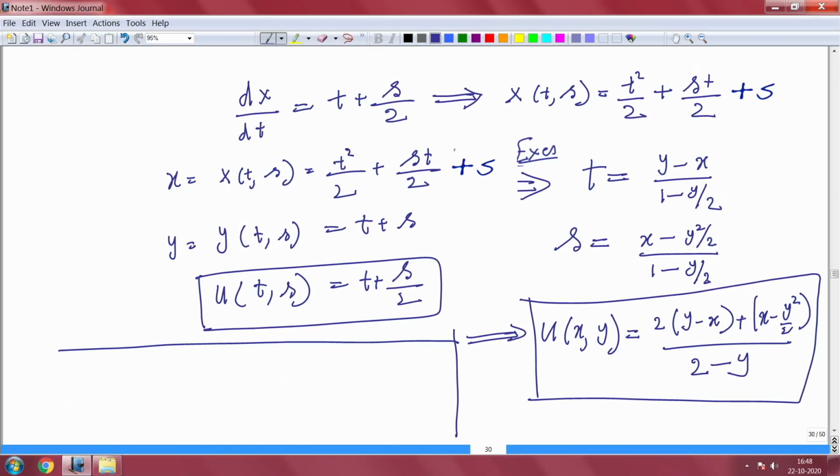Before going to the Cauchy nonlinear case, try to understand the linear case properly, and try to solve a few problems from the linear case. After understanding the linear case, you go to the nonlinear case.